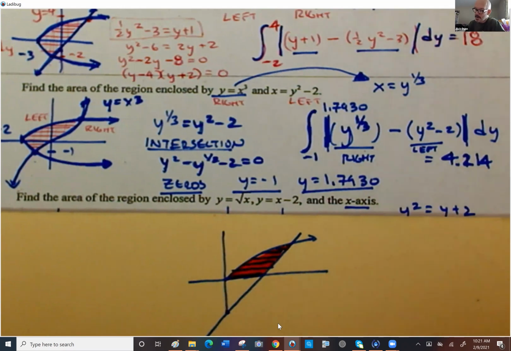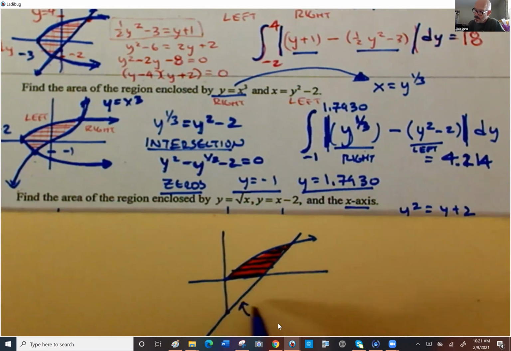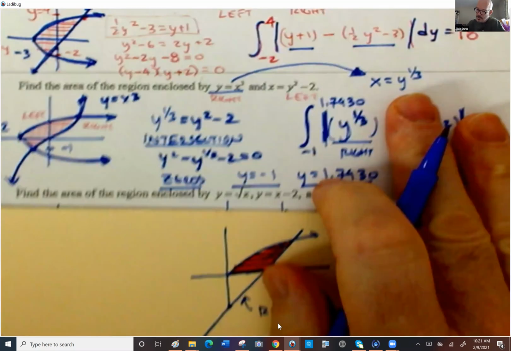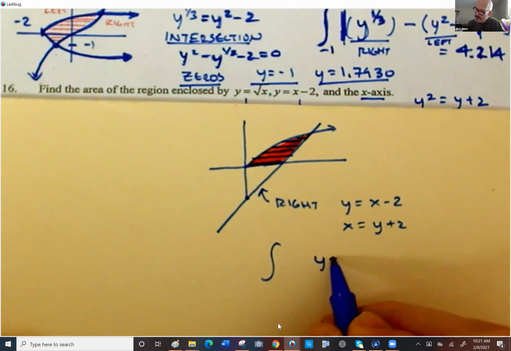And I might get it a lot easier because you can see that this line here is always to the right. So in other words, the y equals x minus 2, if I solve that and use x equals y plus 2, that's going to be my right function on this one, y plus 2.